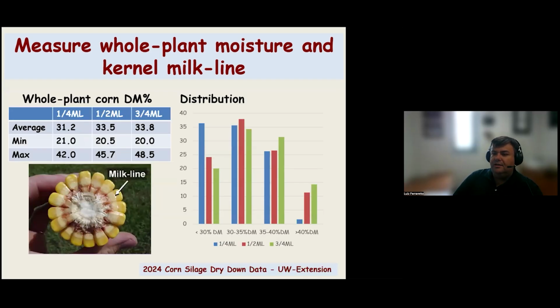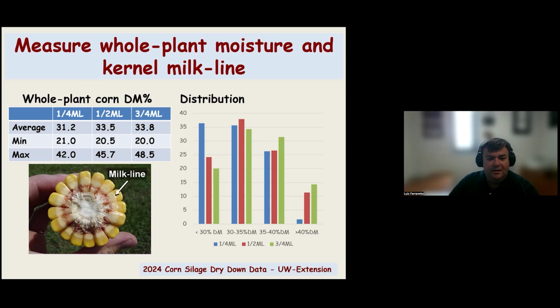And this comes from the data set Liz was presenting. So what I did is I collected our 2024 data, and I used the three kernel milk line matrix that we had there. It had a couple of other descriptions that I ended up not using. But if we use the 1/4, half, and 3/4 here, you can see that the differences in the average dry matter are not too different, right?